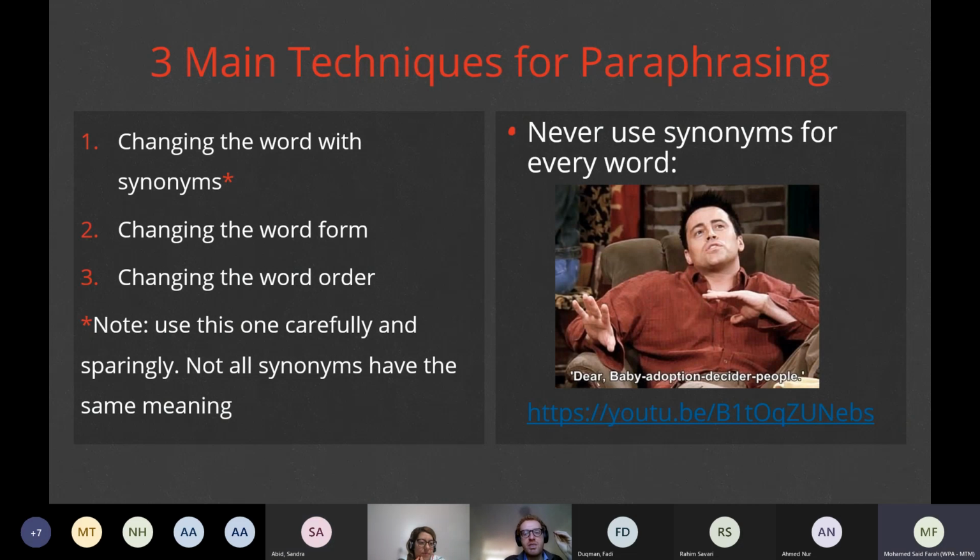Yes, but with synonyms, it is important to think carefully about them because sometimes they don't have the same meaning, and often students, if you are not careful, you can over paraphrase. So if you change absolutely everything, then sometimes it seems a bit unnatural. So it's about finding an appropriate balance.